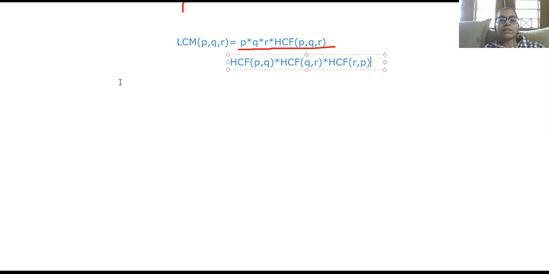Similarly, if you have to find HCF of three numbers P, Q, R, just the same way, P into Q into R into LCM of PQR upon LCM of PQ into LCM of QR into LCM of RP.